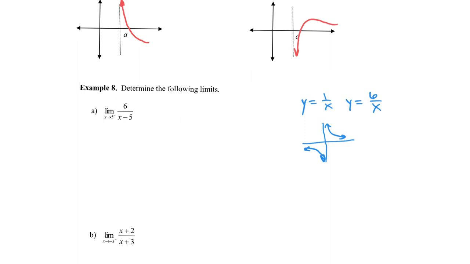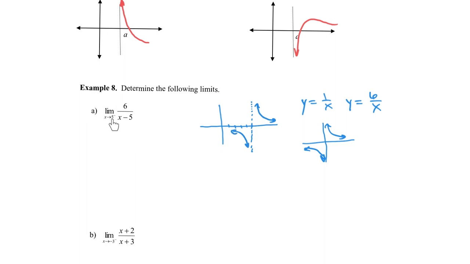You might be a little rusty on those things, but I'm sure you covered them at some point in algebra class. So I move over 1, 2, 3, 4, 5. And then this vertical asymptote would be shifted over to x equals 5. So you'd have this asymptote here, and then we have basically the same graph.